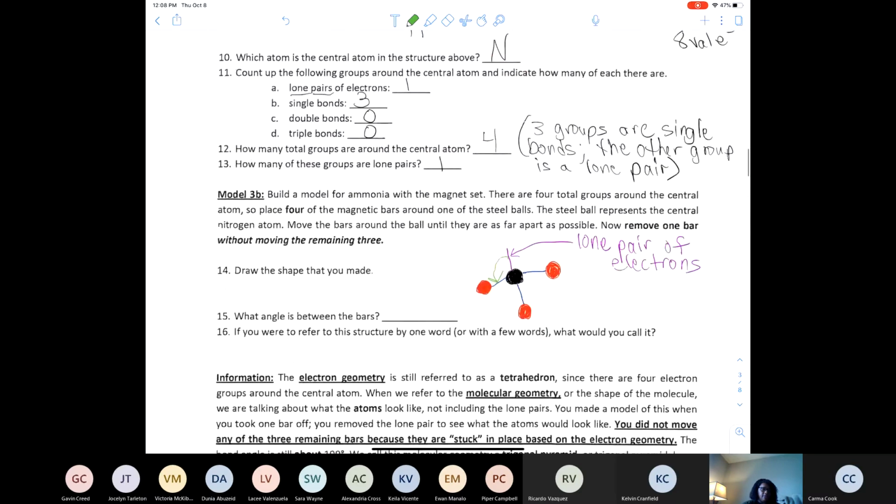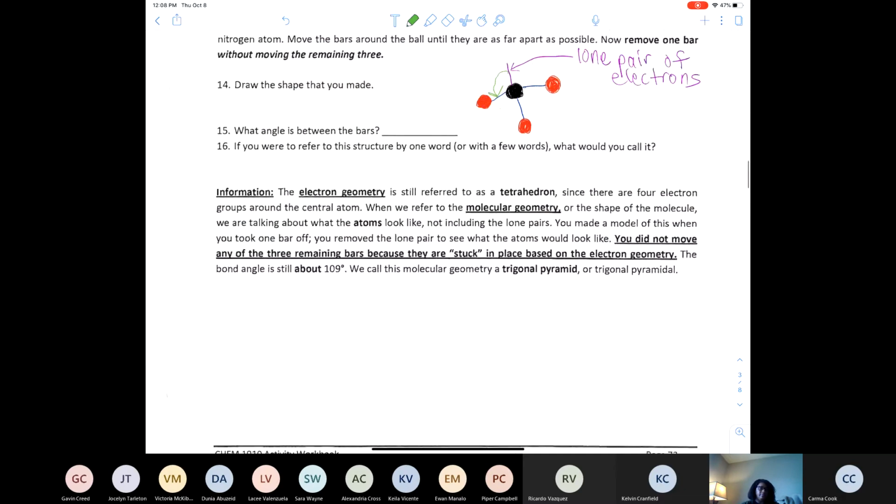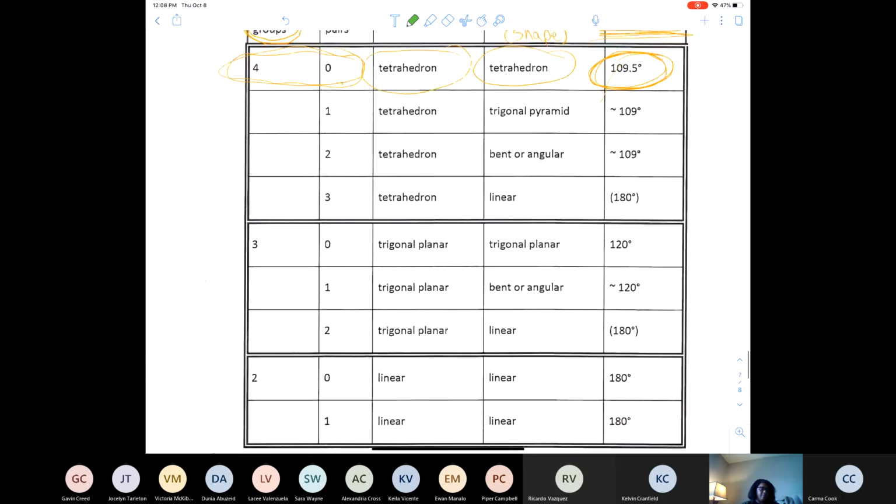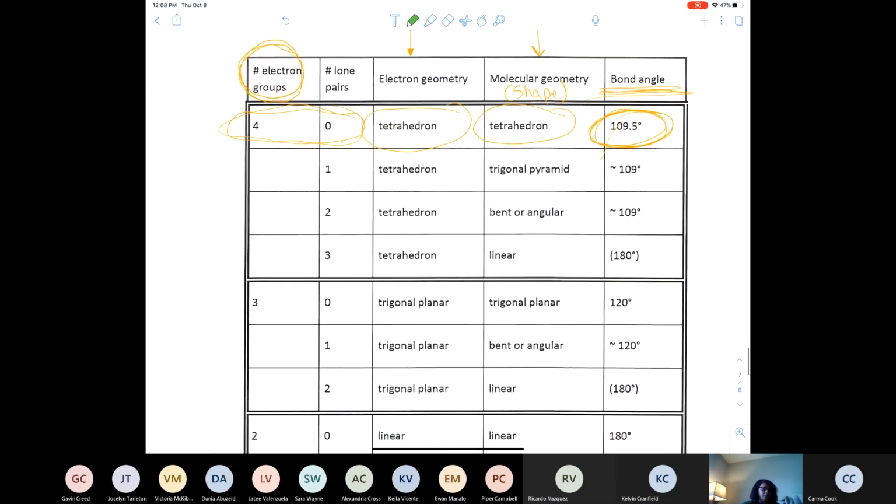We stated that we have 4 total groups. Three of them are bonding groups, represented as single bonds. The other group is a lone pair.